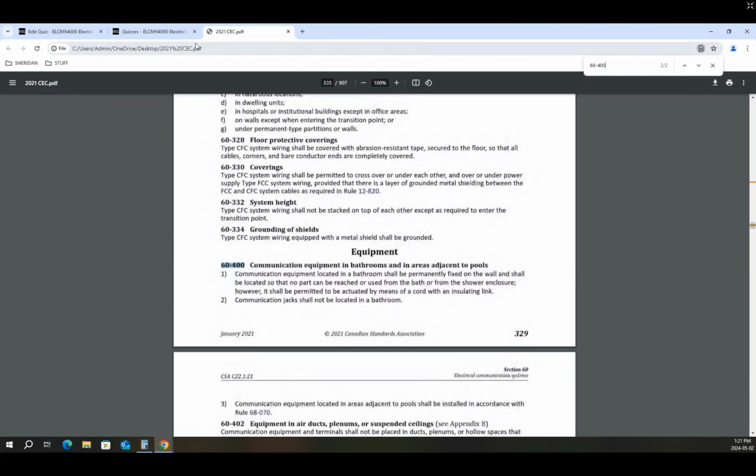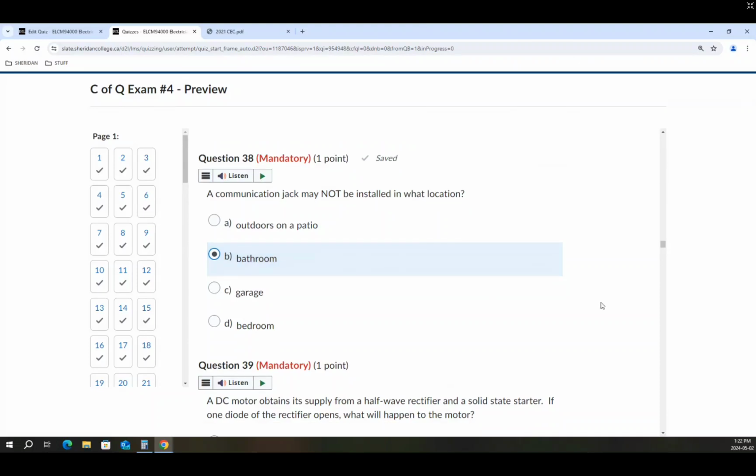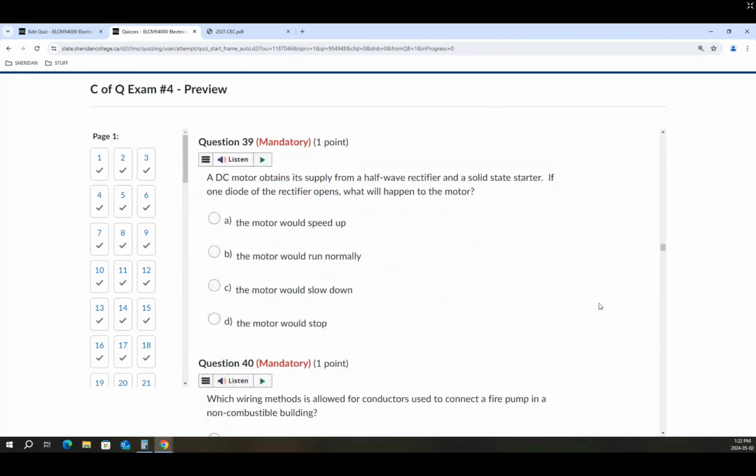Communication jacks shall not be located in a bathroom, right there. Some of the rules are dated because of the way times have changed. People have cut the cord and they're not using their landlines. So these rules are still in place, and we still have to know them.